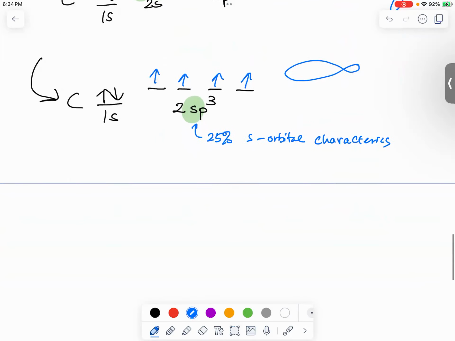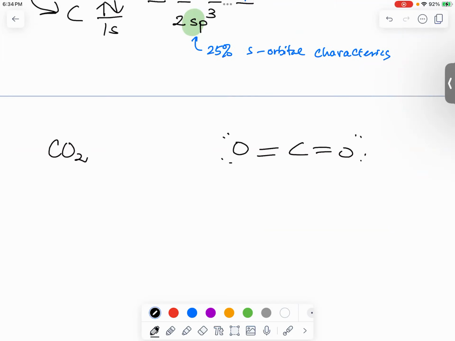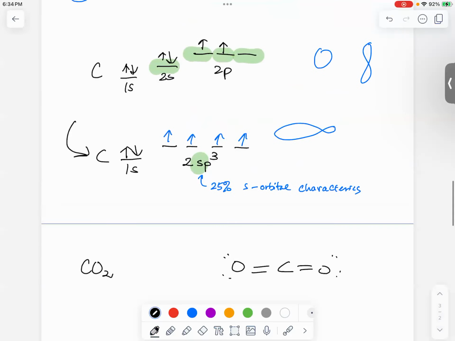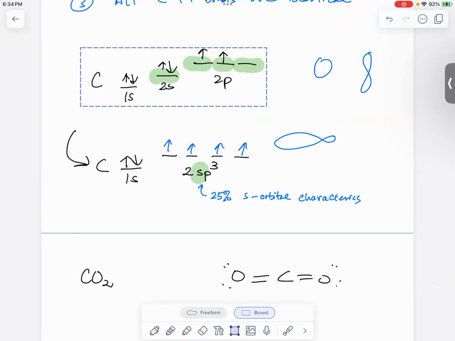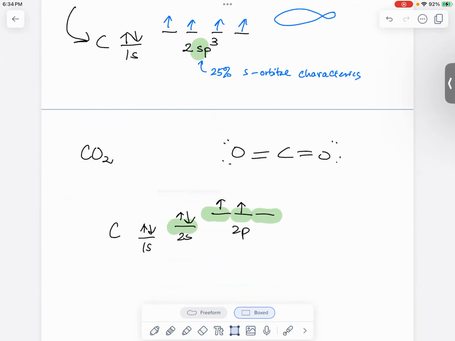All right, now, since we're talking about carbon, let's talk about CO2. And we know the drawing of CO2 is like this, right? So, and we say, oh, what is the orbital hybridization for carbon? In this case, it's sp, not sp3, but just sp. Well, how does it work? Well, this is the original carbon, right?